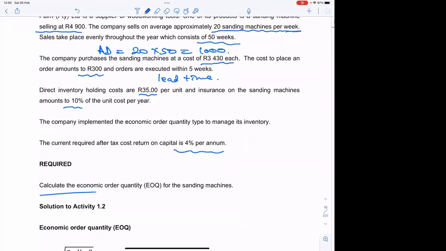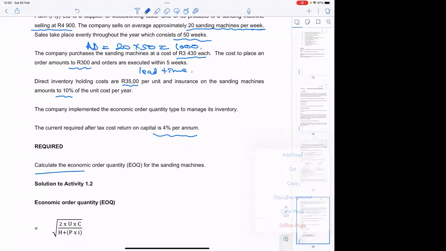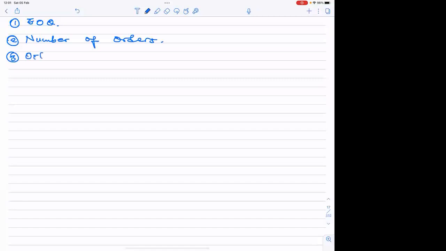I also want you to add the following questions so that we finish the whole topic. So the first one, you need to calculate the economic order quantity. The second question that we are adding, you need to calculate the number of orders. The third one is the ordering cost per annum.